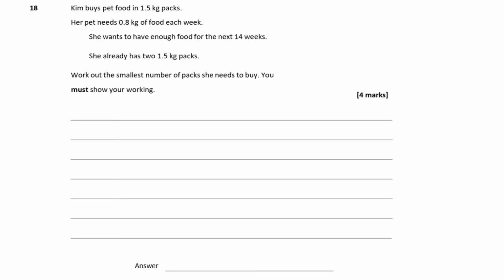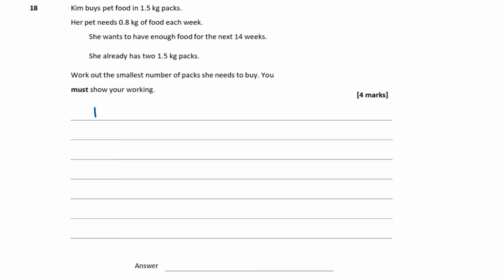Okay. Right, so I think what we need to do is work out exactly how much pet food it needs, and then we can work out how many packs we need, and we can then subtract what we've already got. Okay, something along those lines. So let's work out the amount of food required first.